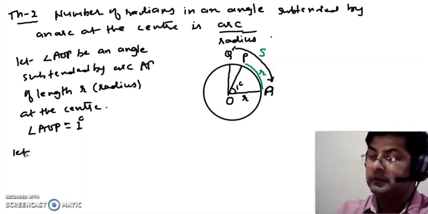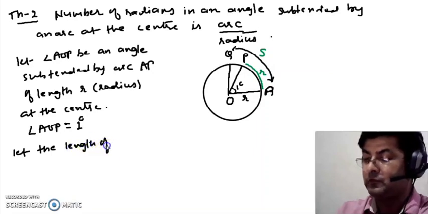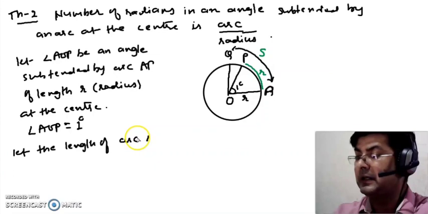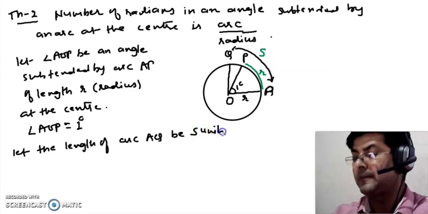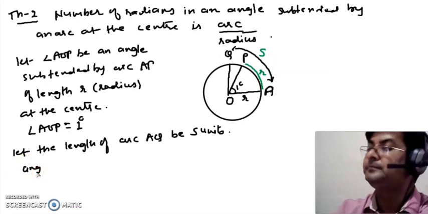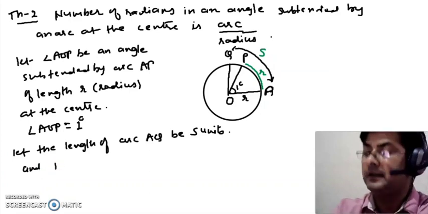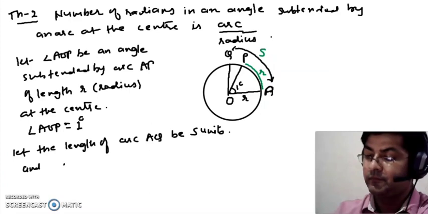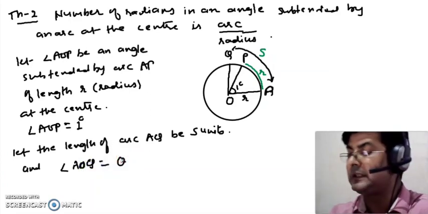Okay, now let the length of arc AQ be S units, and angle AOQ is equal to theta.